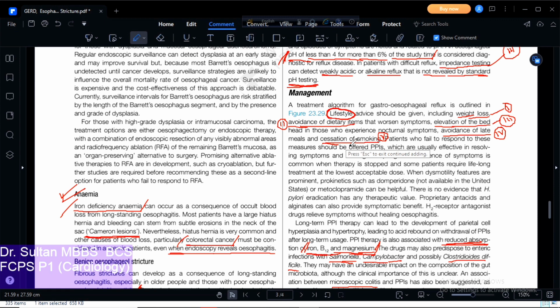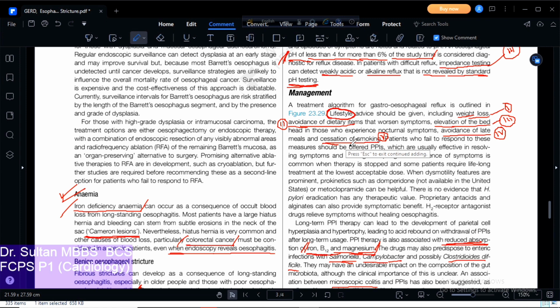Some people advise that H. pylori eradication therapy helps, but there is no such evidence that H. pylori eradication has any therapeutic role in gastroesophageal reflux disease.